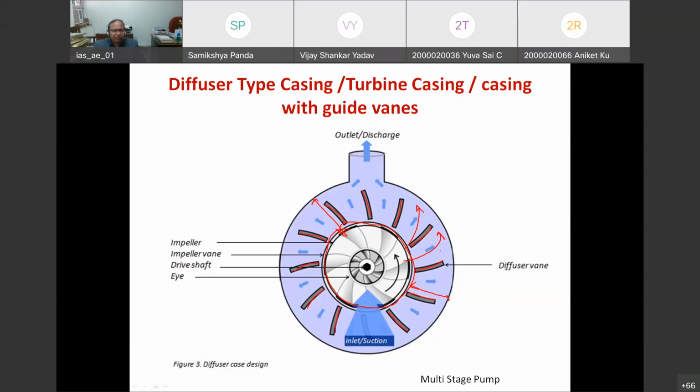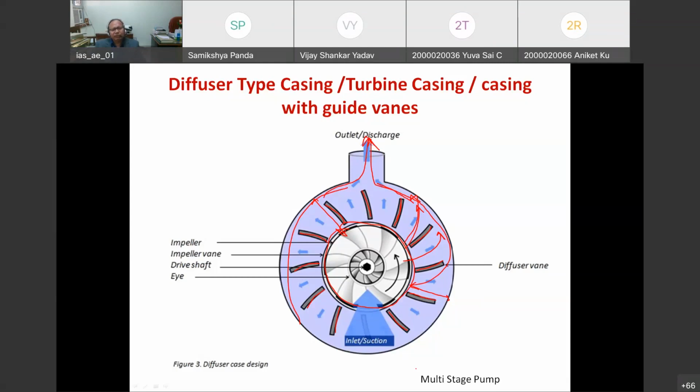And because of the periphery, there is guidance in this direction. So this water will go to the periphery and it will adopt the path of low pressure. Because of the guidance of the vanes, water from all the sides will try to go through these diffuser vanes into the discharge side.